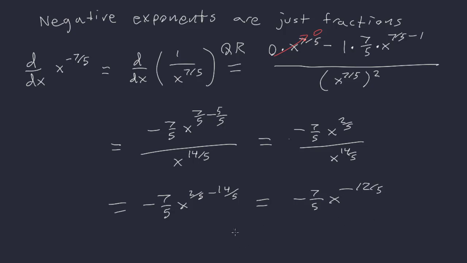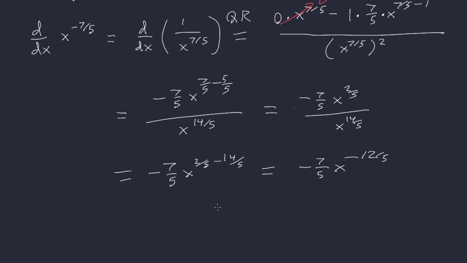Okay, well, turns out that if we just use the power rule, right, x to the negative 7/5, if we move this negative 7/5 down, well, that's what we have here, right, negative 7/5, then x to the negative 7/5 minus 1, well, that's going to be minus 5/5.